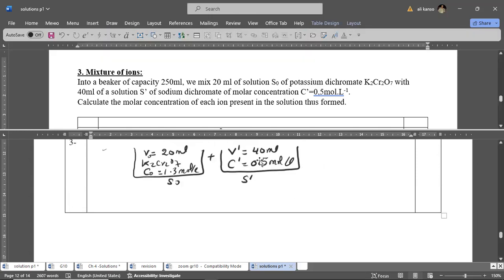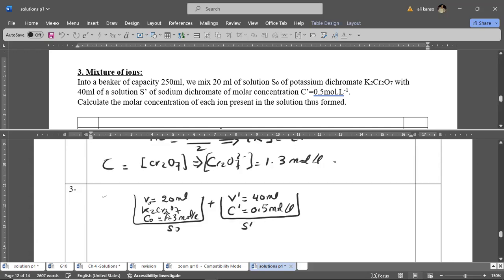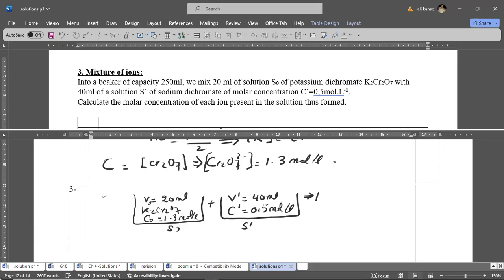When you mix them together, you get them all in one beaker. The total volume will be V0 plus V prime, equal to 20 plus 40, which is 60 milliliters. So we have a new total volume.